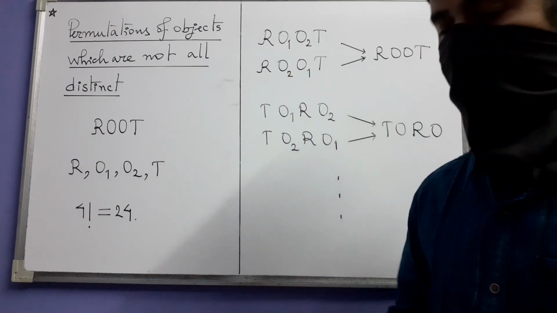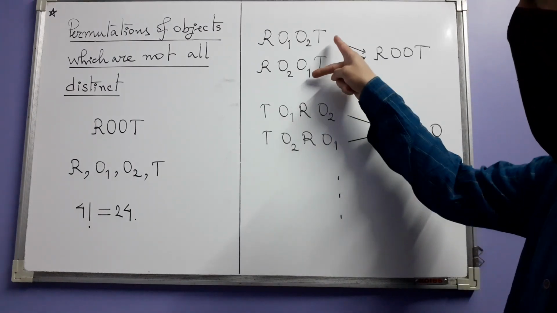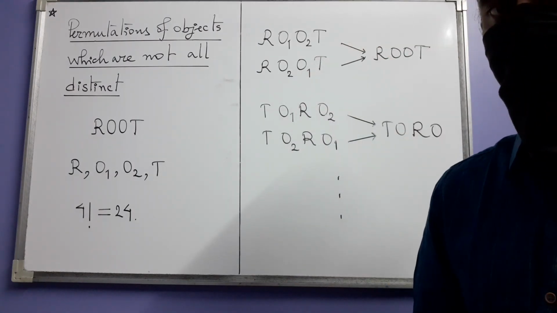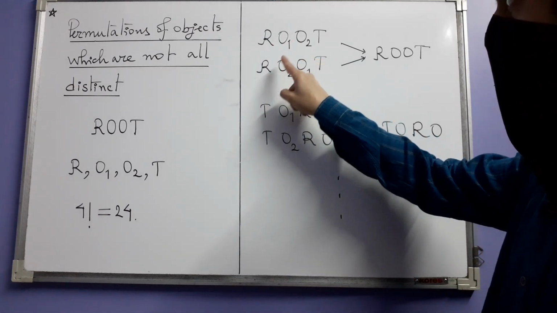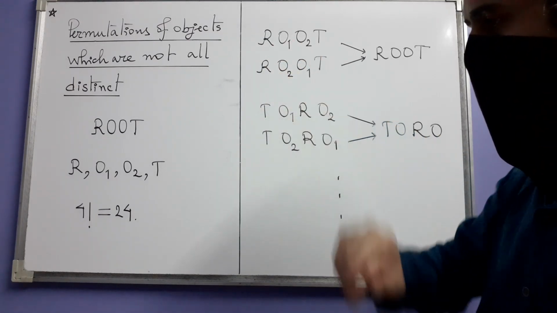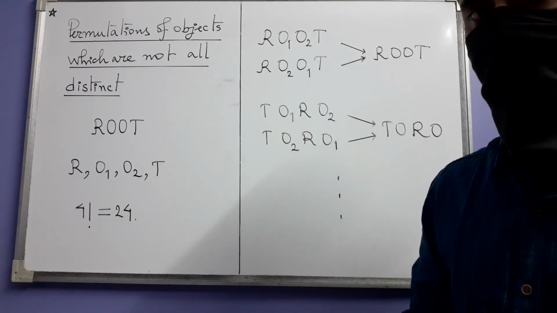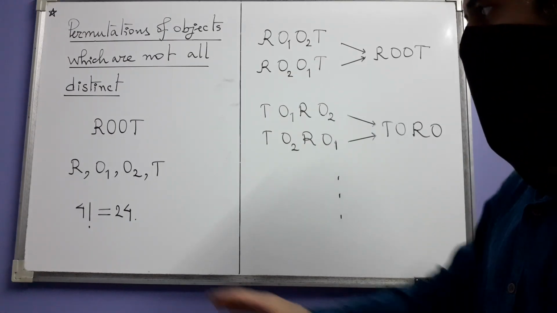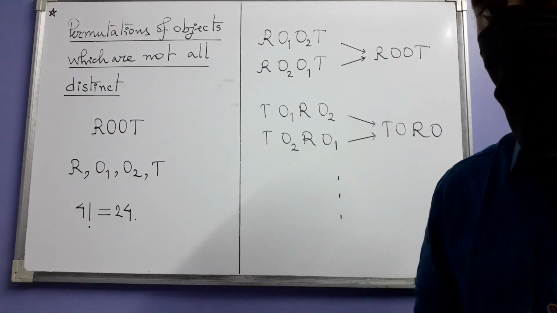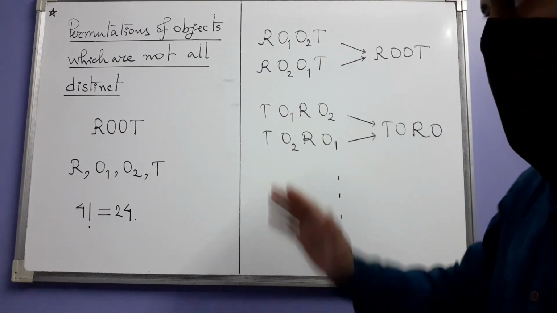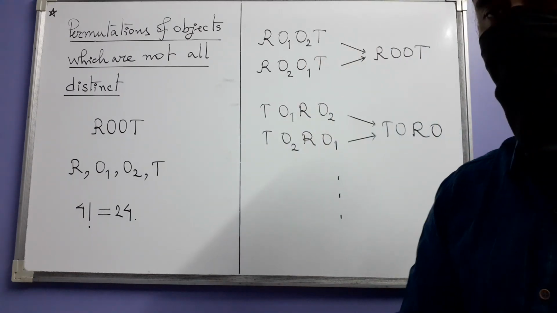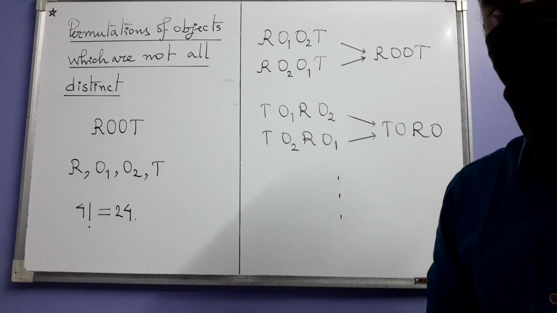Among these 24 arrangements, you have these two arrangements also, where in one you have O1 and O2, and in another one you have O2 and O1, right? Because you are considering these two O's to be different, so if you normally arrange the 4 letters, in the 24 arrangements, these two will appear.